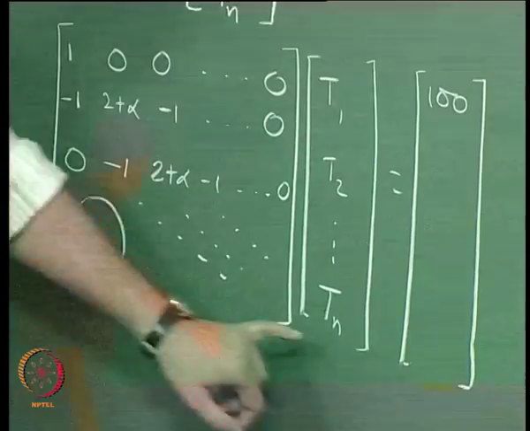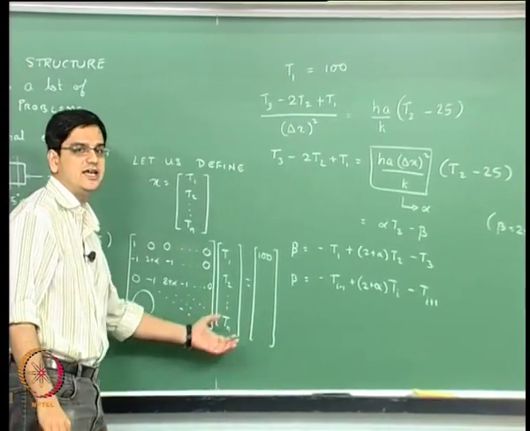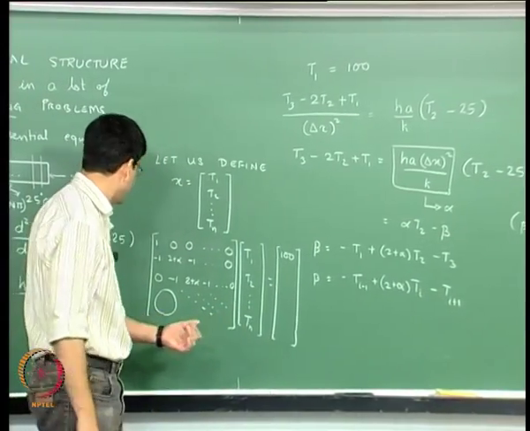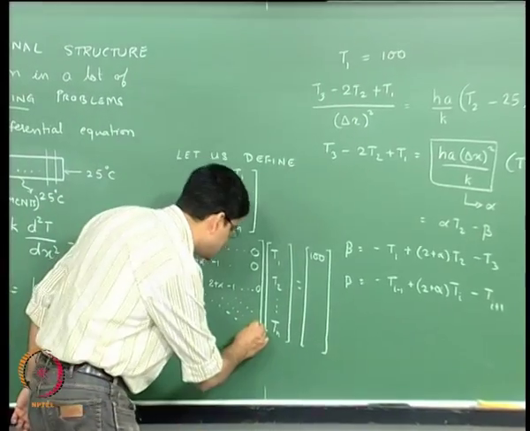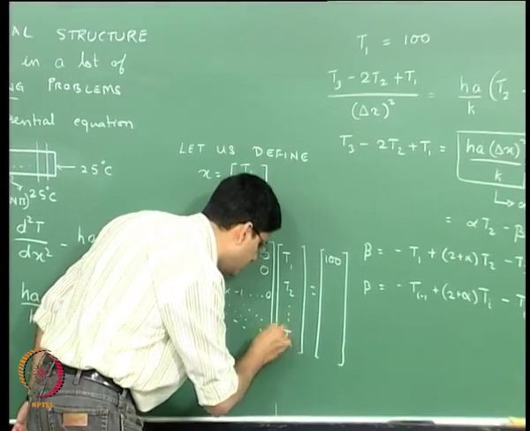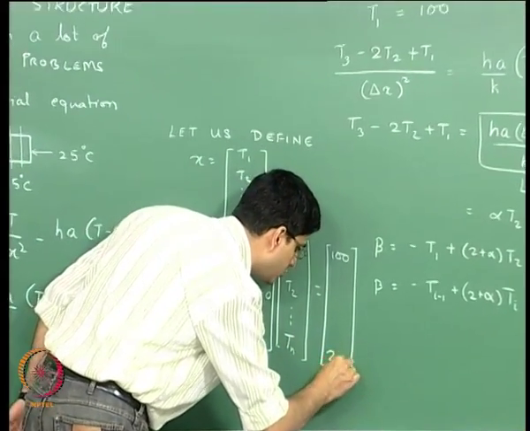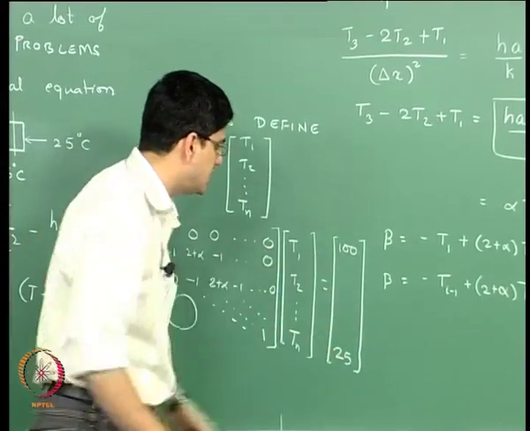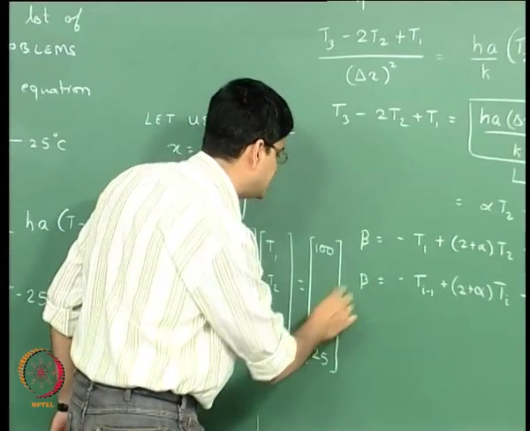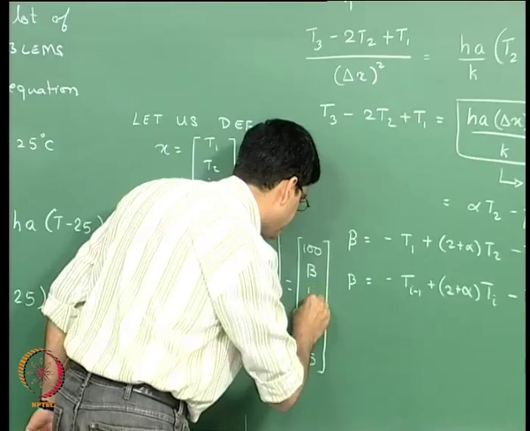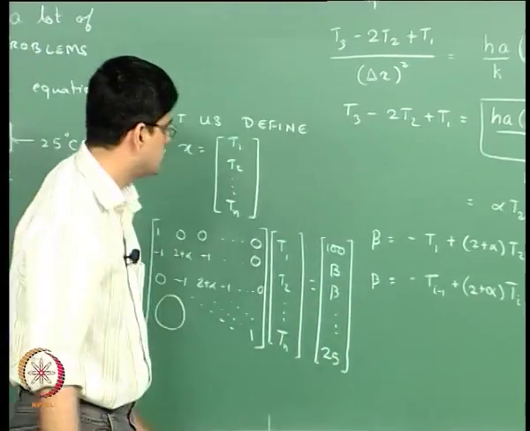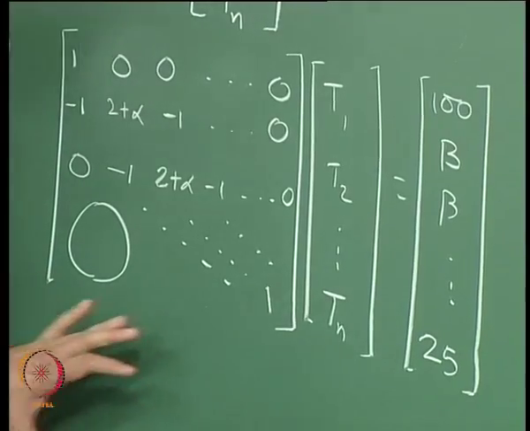The last equation is going to be Tn equal to 25, which is just this 1 multiplied by Tn equal to 25, and all these rows are going to be populated with beta on the right hand side, and so on. So this is going to be the overall structure.